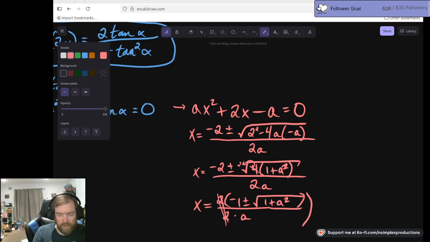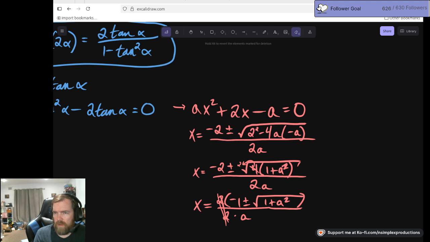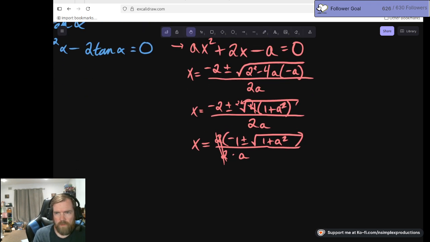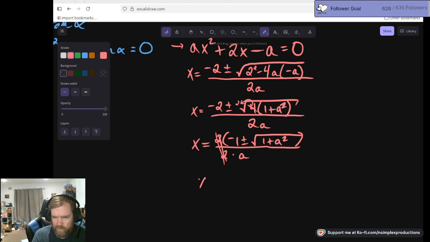So the 2's are gone. X equals negative 1 plus or minus square root of 1 plus a squared, all divided by a.